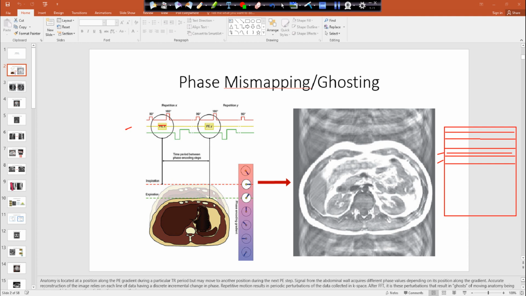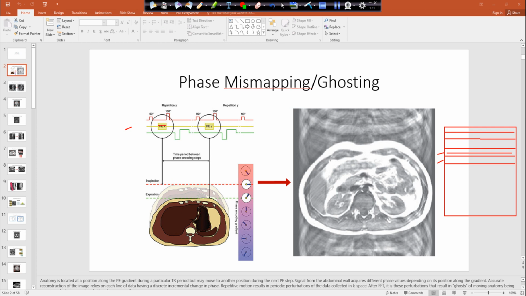And remember, the K-space is not our actual image. So we still have to go through one other thing. What is that computer Fourier algorithm, basically? So the fast Fourier transformation. So after the K-space has been completely filled with all our data that we've collected, we still need to go through the fast Fourier transformation.